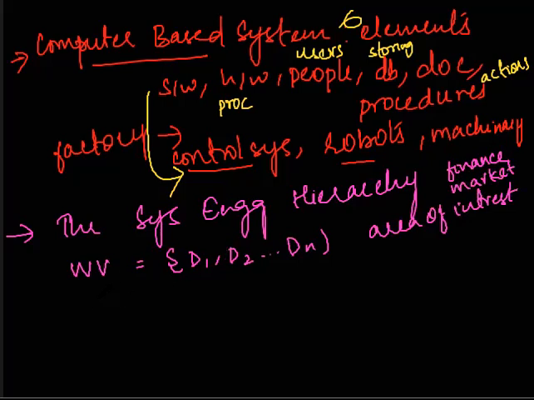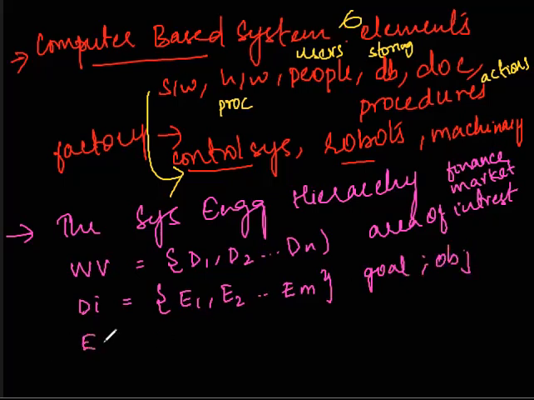Then within the domain view, represented by DI, you're going to make use of different elements, E1, E2 going on till EM. Now these elements are used so that you can achieve a specific goal or objective.